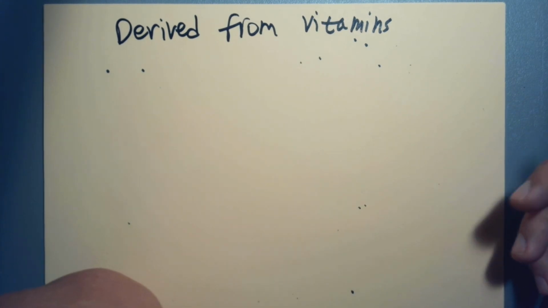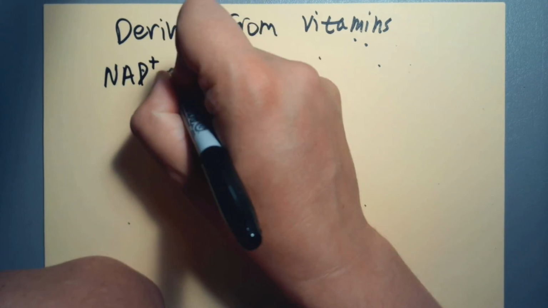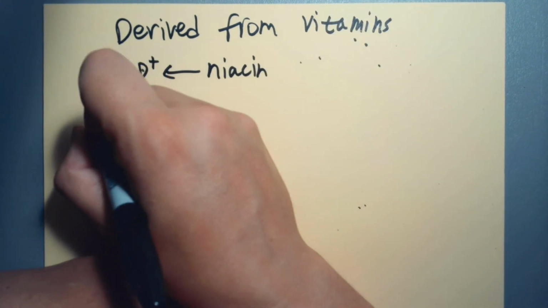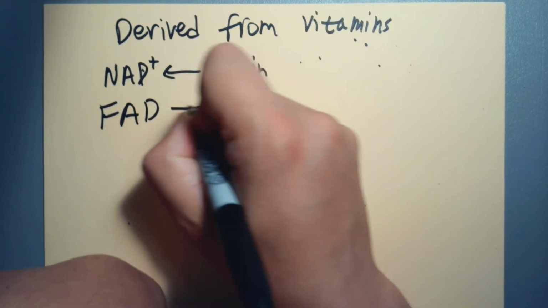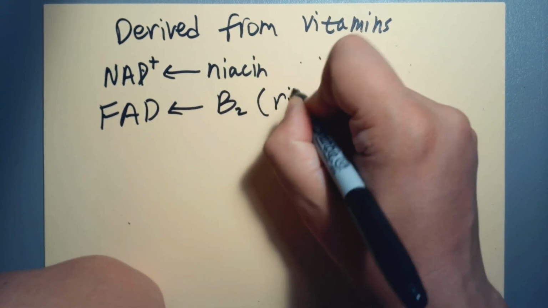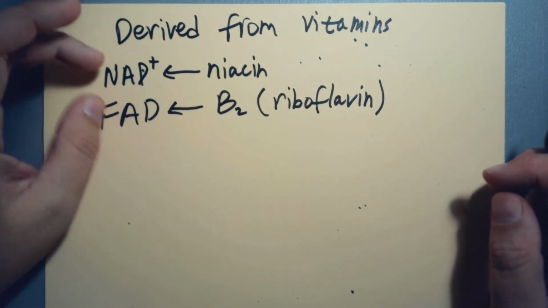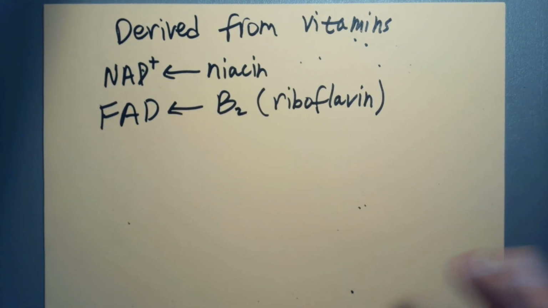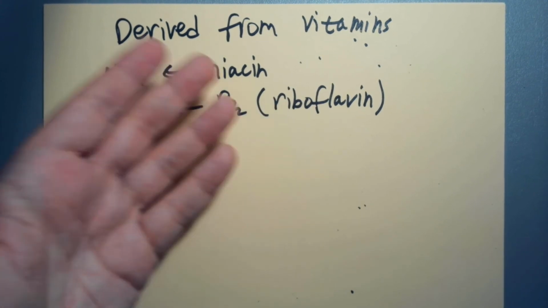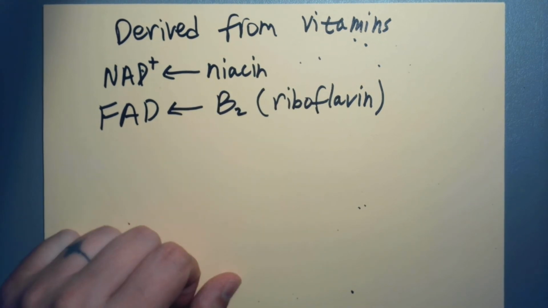So NAD plus is derived from niacin, and FAD is derived from the B2 vitamin, which is also known as riboflavin. So, a little small change. You can look up the structures if you want. I'm not going to hold you to it. But the coenzymes are just slightly modified versions of the vitamins.